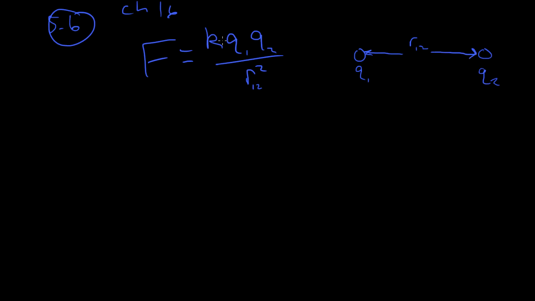And K is a constant. K is equal to 9 times 10 to the 9th newton meter squared per coulomb squared. That's important. We'll see that quite a bit over the next few chapters.